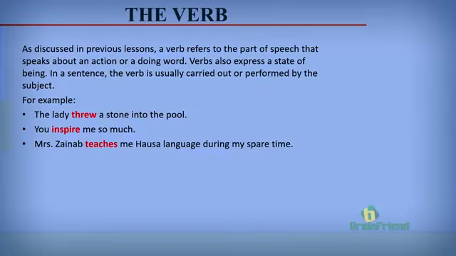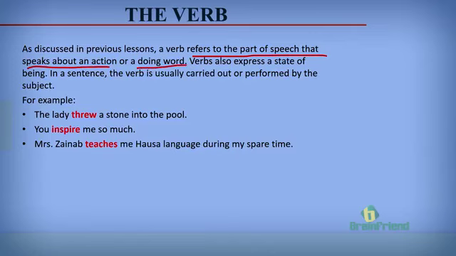Now let's look at verbs. This is the second component of sentences. What is a verb? A verb, as we know, refers to a word that speaks about action or a state of being. So we've defined a verb as a word that refers to the part of speech that speaks about an action, or a doing word.